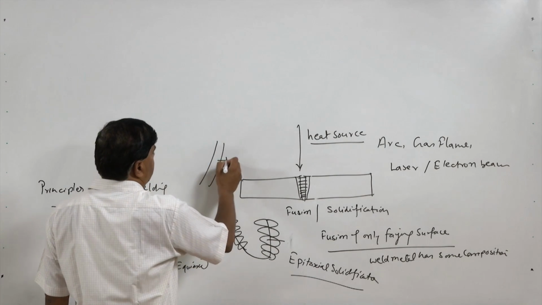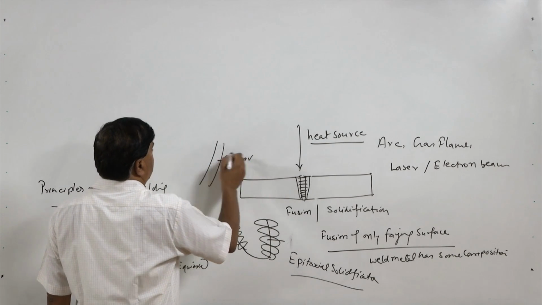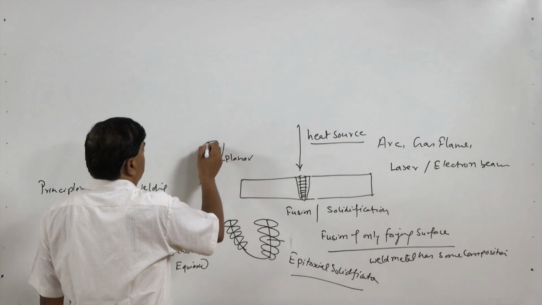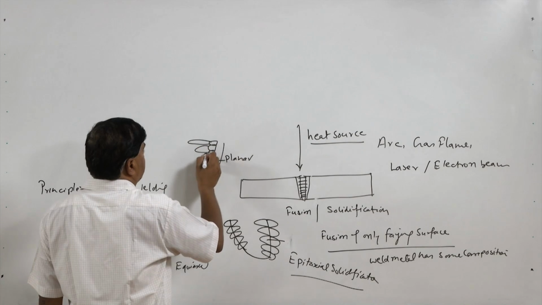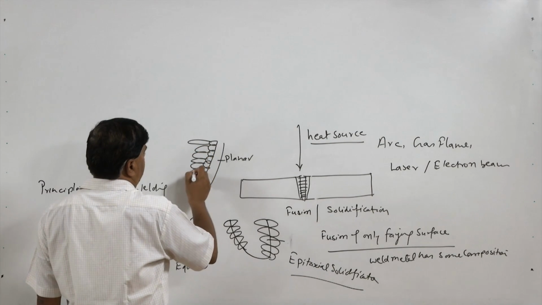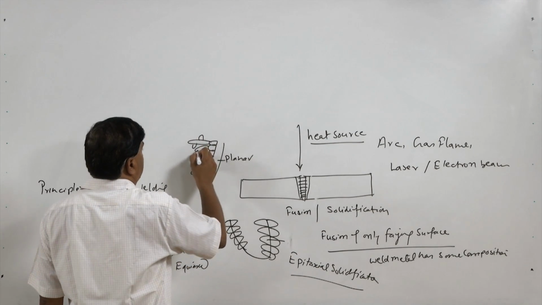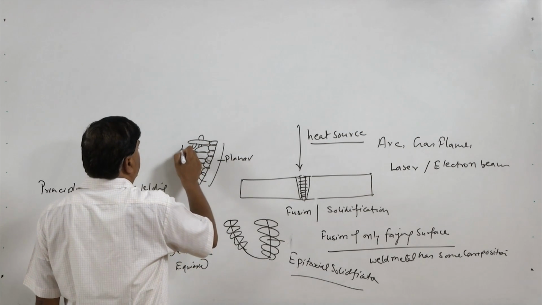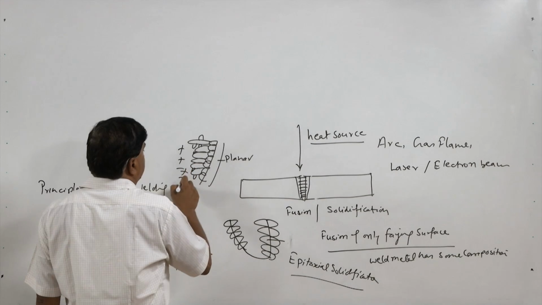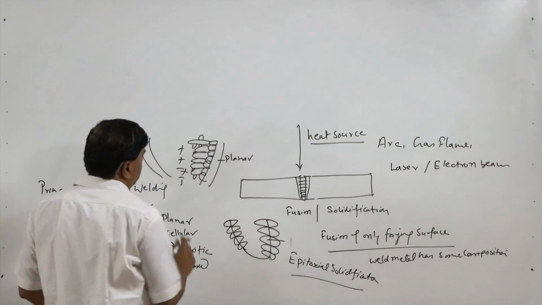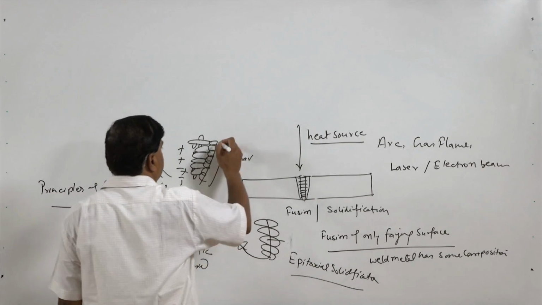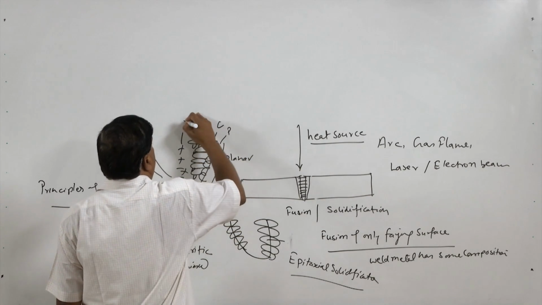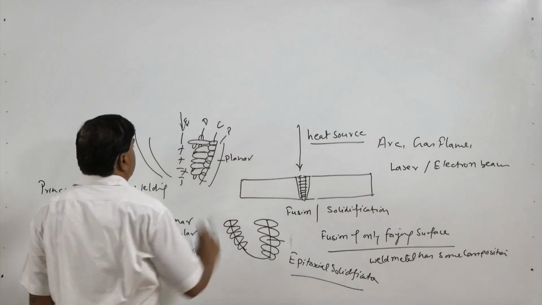So, normally the first is the planar, second is cells like this, third is in the form of dendrites, like this, and then equiaxed grain structure at the center of the weld. Likewise, a similar kind of structure is obtained from the other side. So, planar, cellular, dendritic and equiaxed grain structure is normally observed at the center.